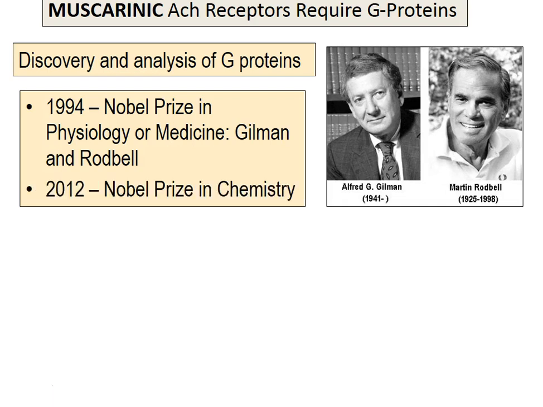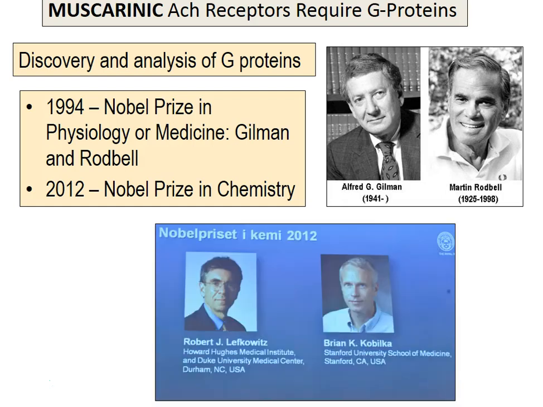But then in 2012, the Nobel Prize was given in chemistry for studying the function of G proteins to Robert Lefkowitz and Brian Kobilka, shown in these pictures.